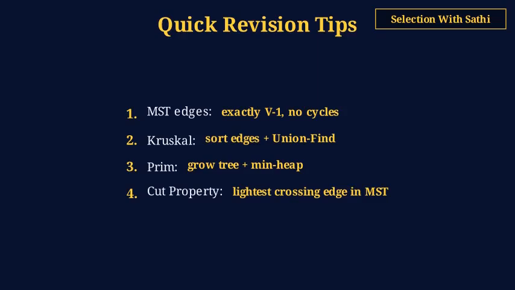Third, Prim's with a min-heap is O of E log V, which is better than Kruskal's for dense graphs where E is close to V squared. Fourth, for GATE problems, sort the edges, apply Kruskal's step by step, and sum the weights. Practice with 5 to 6 node graphs.